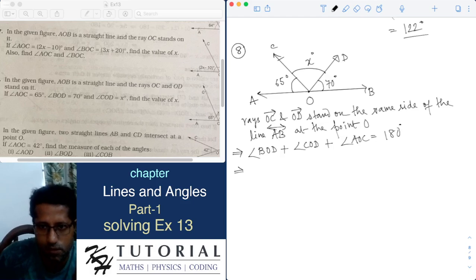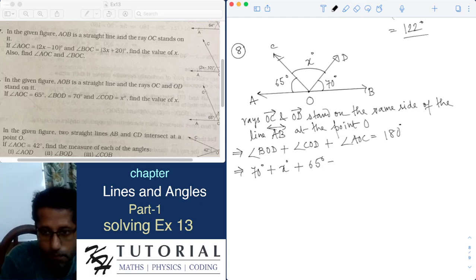Angle BOD is given to be 70 degree, angle COD is X degree, and angle AOC is 65 degree. This must be equal to 180 degree.